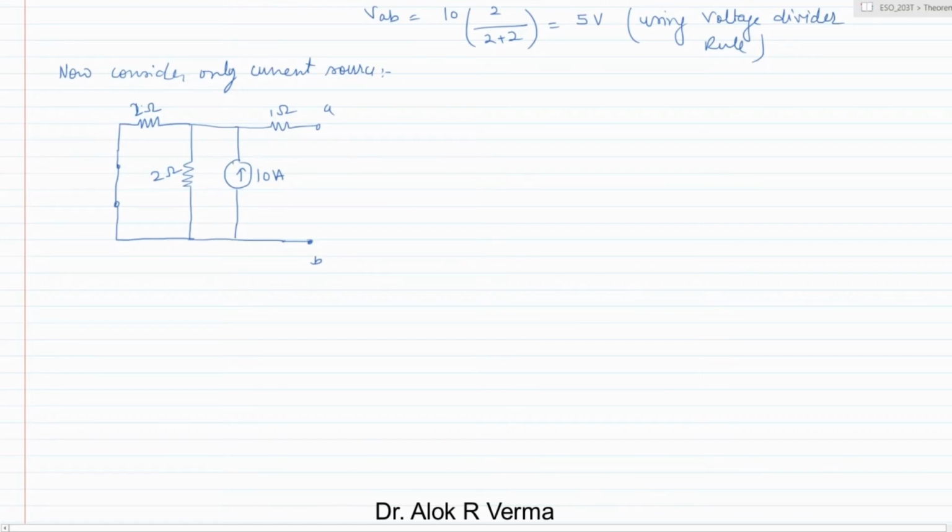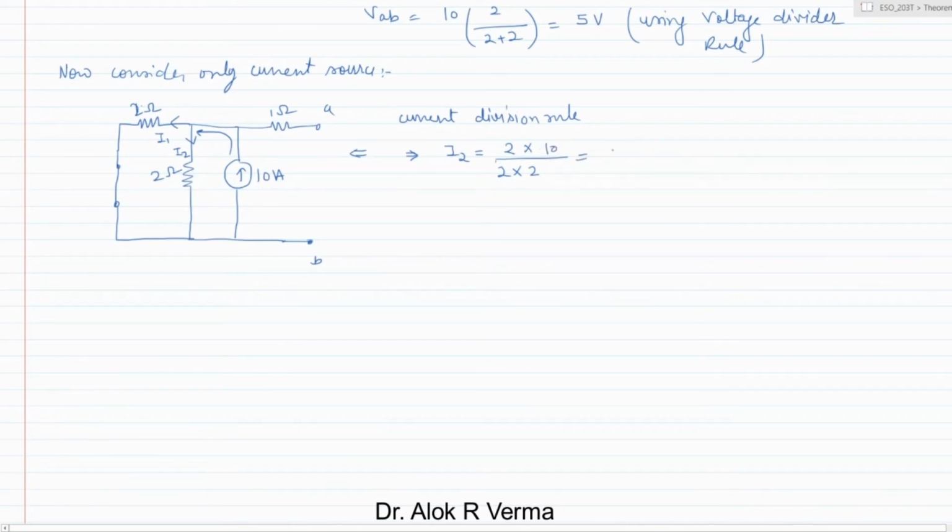Now pay attention clearly. If you want to see where this 10 ampere current is going, it will go here and get divided into two currents, I1 and I2. If you apply the current division rule, what can we find out? I2 is nothing but 2 times I divided by 2 plus 2, and this I is nothing but the total source current, which is 10 here.